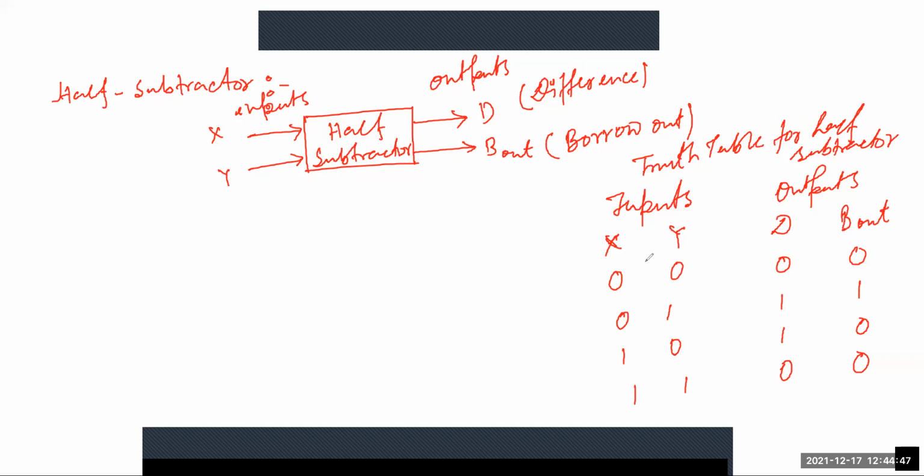So the value is the same for X and Y. But in the other combinations we are getting difference output equal to 1. In that sense X not equals Y, the values of X and Y are not the same.